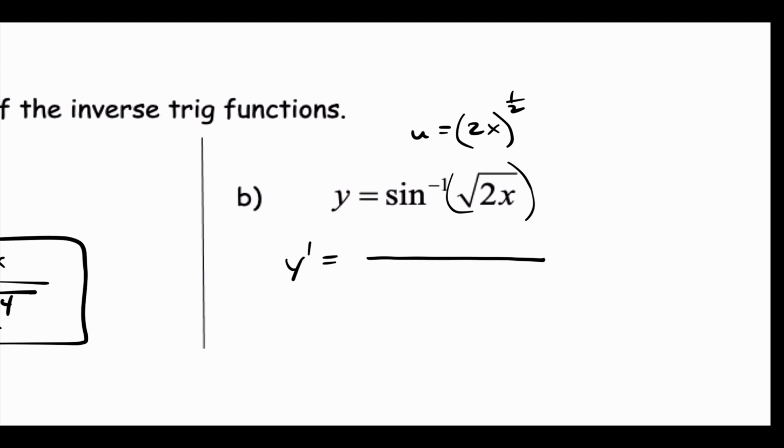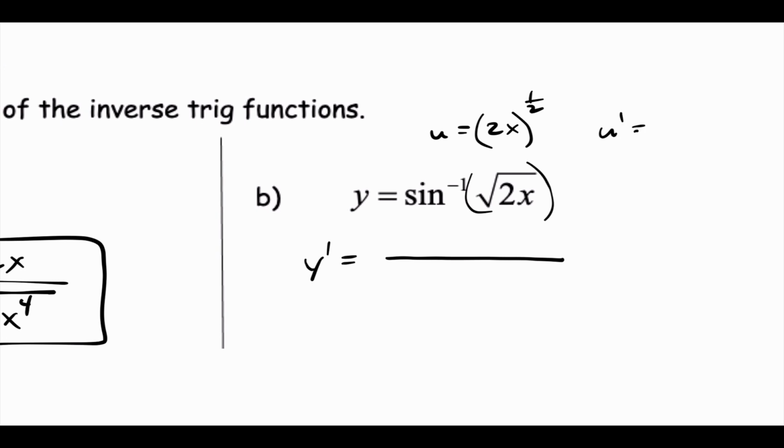So I'm going to do u prime: 1/2 times 2x to the negative 1/2 times 2. The 1/2 and the 2 cancel out because they multiply to be 1. So I'm left with 1 over the square root of 2x. I'm going to put that on top.